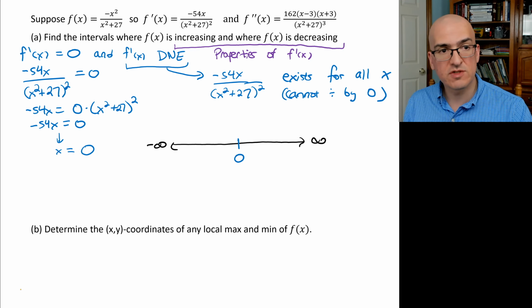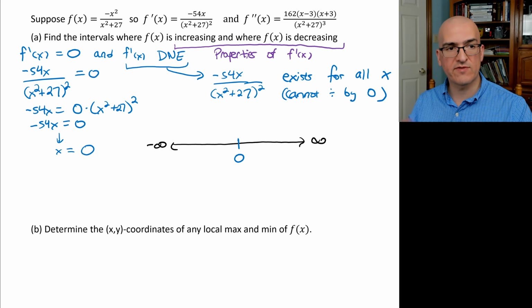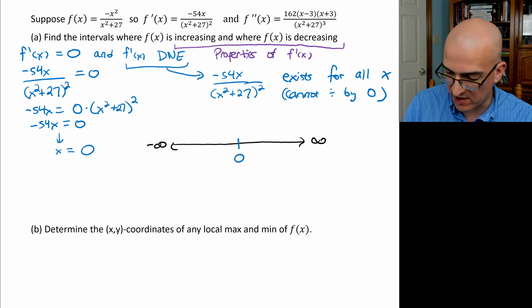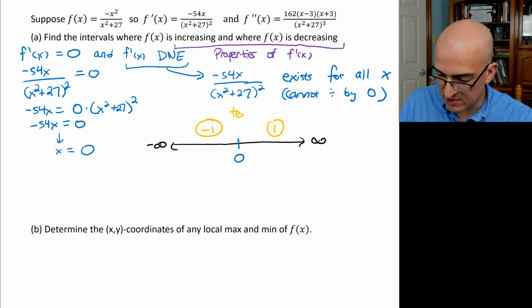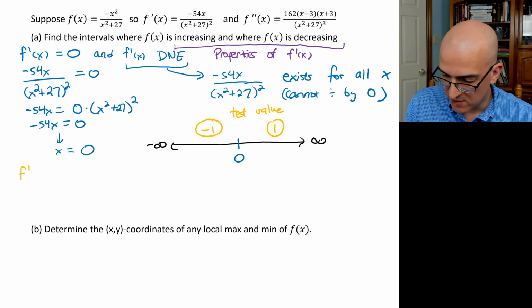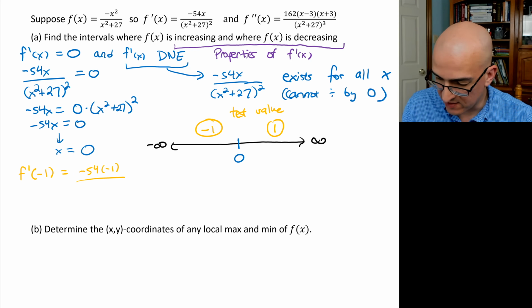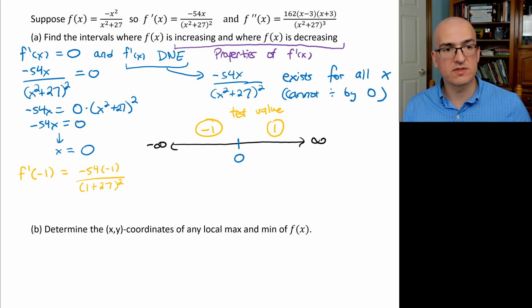Now we need to choose two test values. One test value to the left of 0, one test value to the right of 0. I'm going to choose -1 and +1. And what we do with these test values is we plug them into the first derivative. So f prime of -1 is negative 54 times -1 divided by (1 plus 27) all squared. -1 squared is +1.